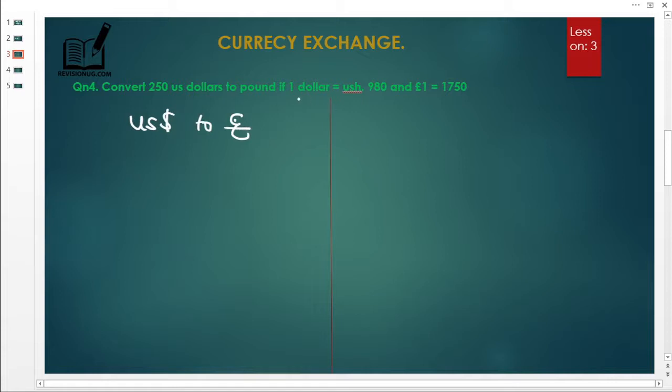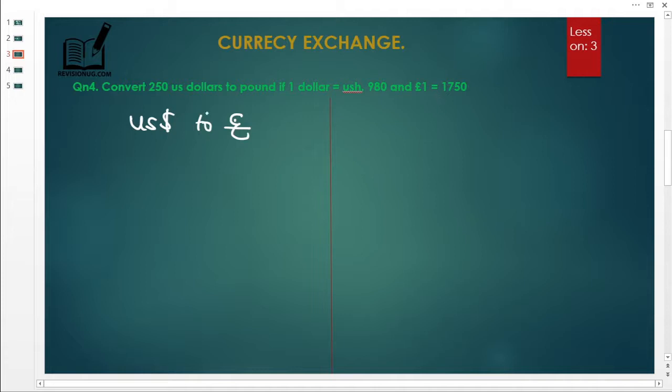But remember, the exchange rates given are a dollar to a shilling and a pound to a shilling, which means we don't have a direct exchange from a dollar to a pound.